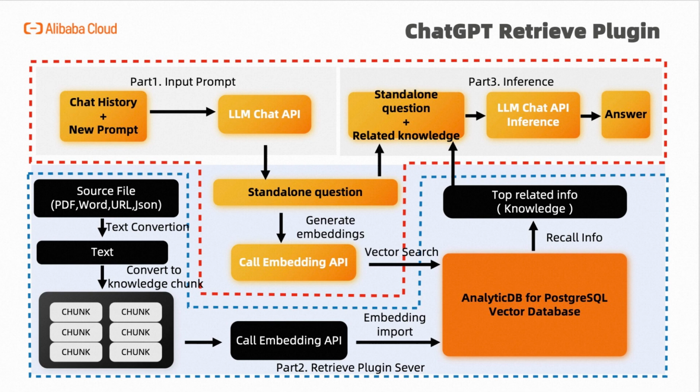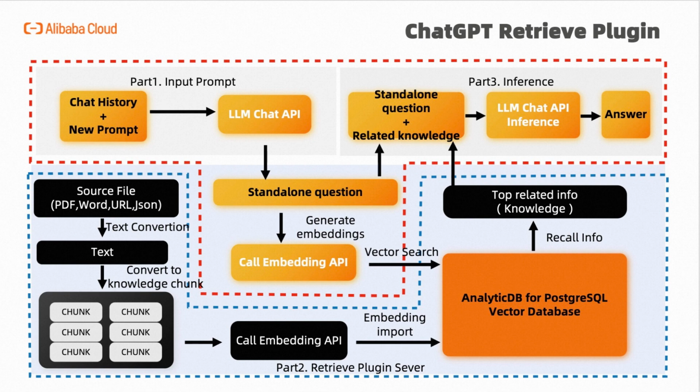The search will be submitted to a vector database, which is what ADB for PostgreSQL stands for. And how are those vectors generated? If you have some source documents you can provide, there's a script provided by ChatGPT to help you convert the source documents into the original text.